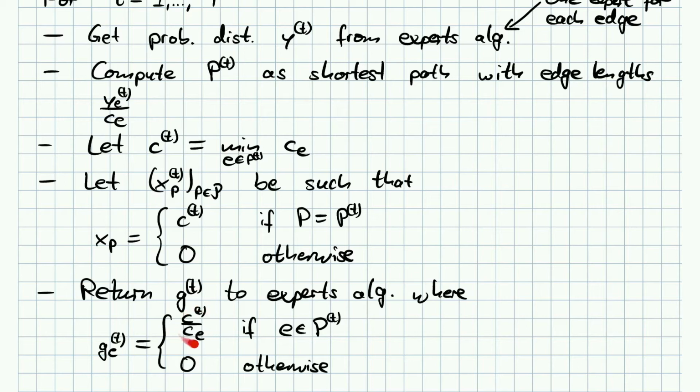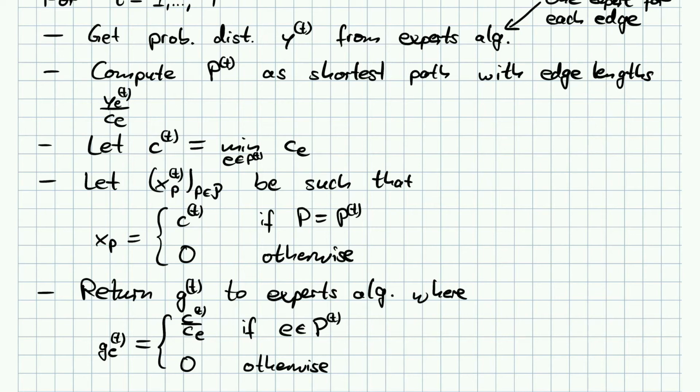So how big is this? Well, suppose now all edges had a capacity of 1. Then the expert's algorithm would get gain from every edge which we chose. And now, of course, it matters how much probability mass the expert's algorithm put on this particular edge, or how long the expert's algorithm made this edge.